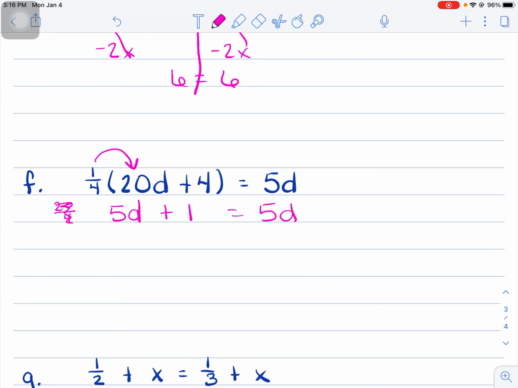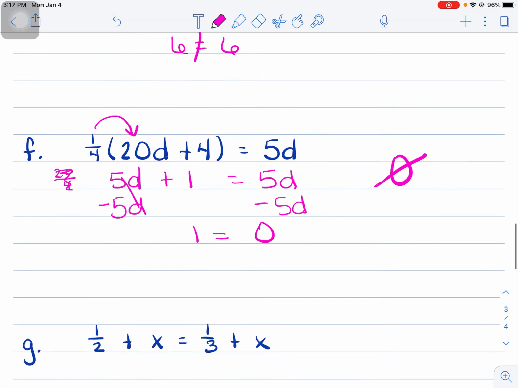Now, I have 5d on the right side and 5d on the left side, but I have a 1 over here, so I'm going to move this 5d over. And I end up with 1 equals nothing. Because 5d minus 5d is nothing, no d's. So 1 does not equal 0, so that's a no solution. That's not a true statement.